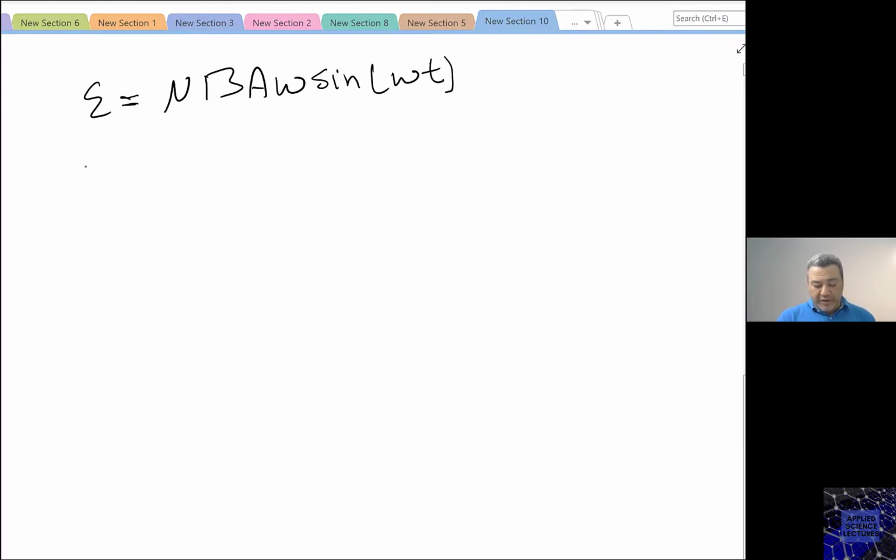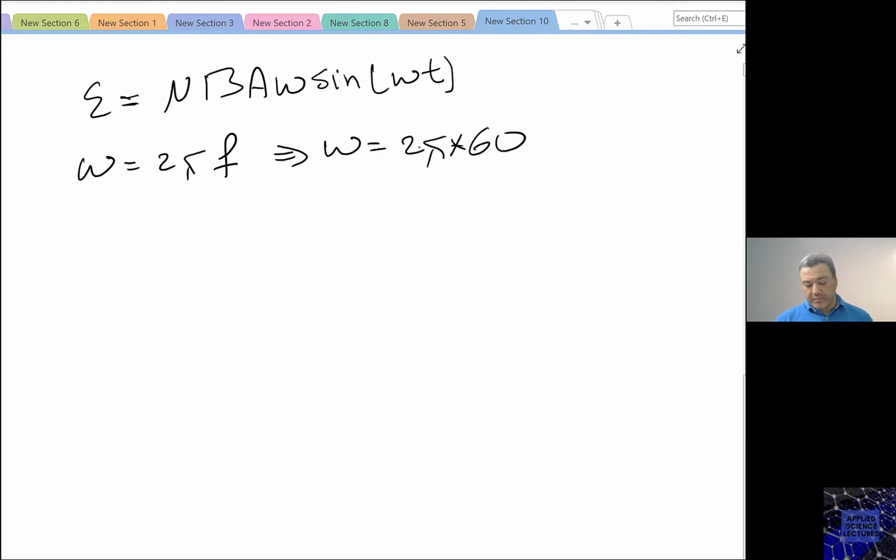In order to calculate angular frequency, it's 2 pi f, where f is 60 hertz in this case. And this equals 377 radians per second.